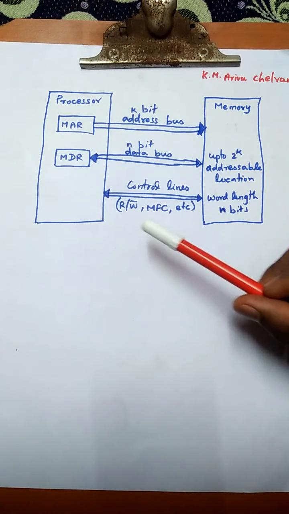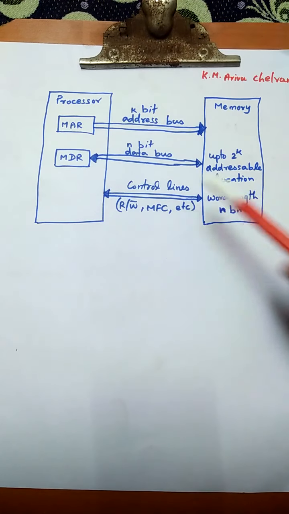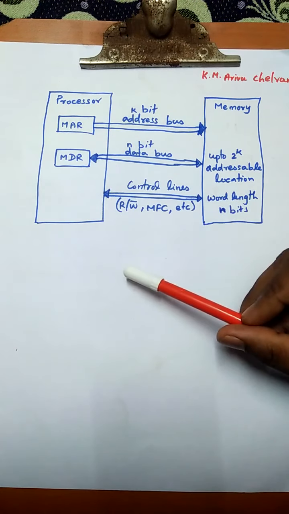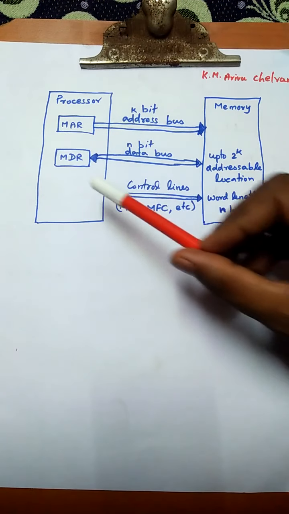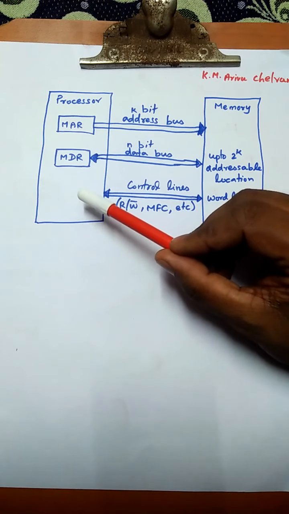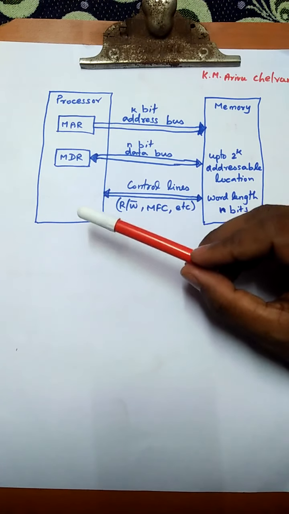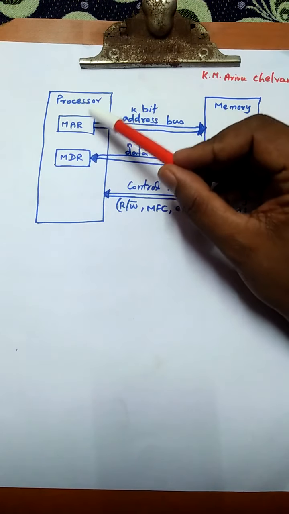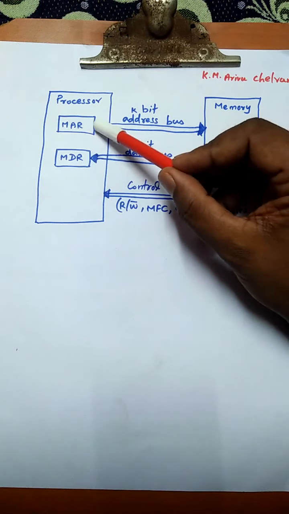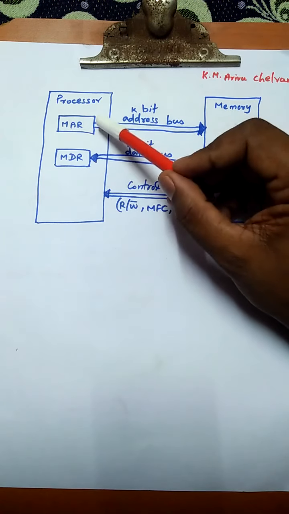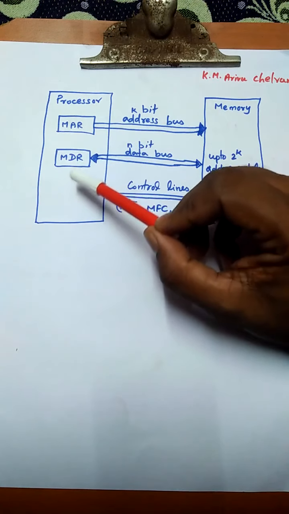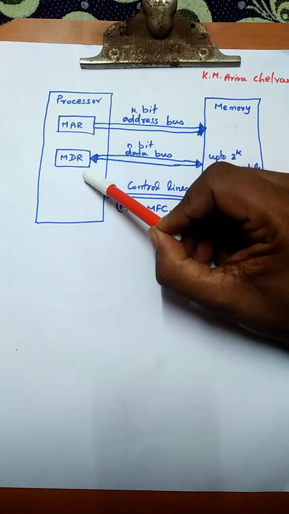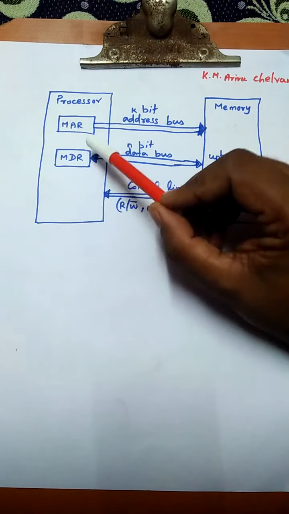The following diagram shows the connection between the processor block and the memory block. Now we are going to discuss how data is transferred from processor to memory or memory to processor. For that, the processor contains two registers called MAR and MDR. MAR is the memory address register, whereas MDR is the memory data register.